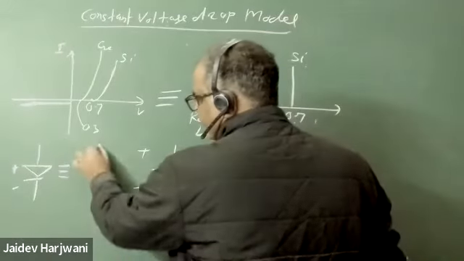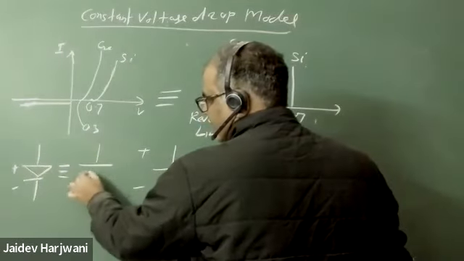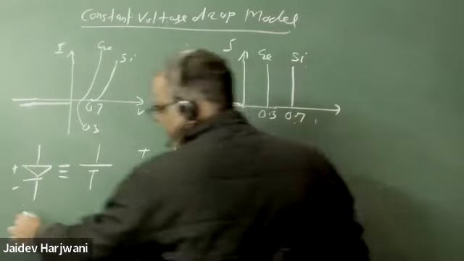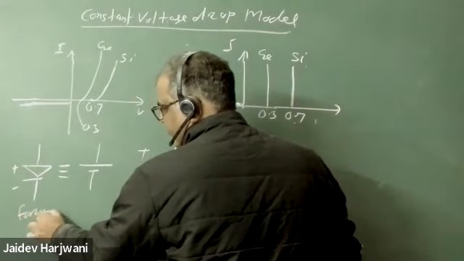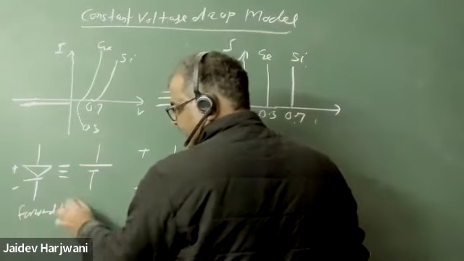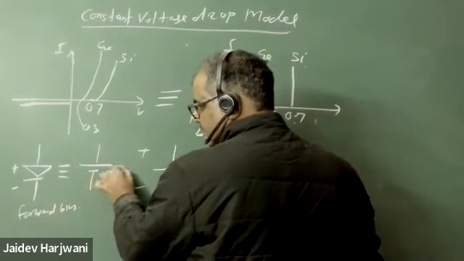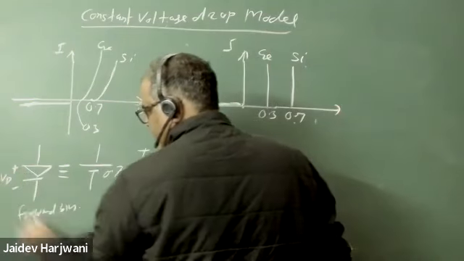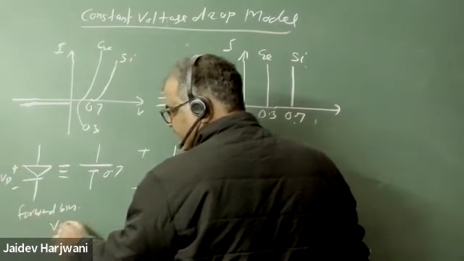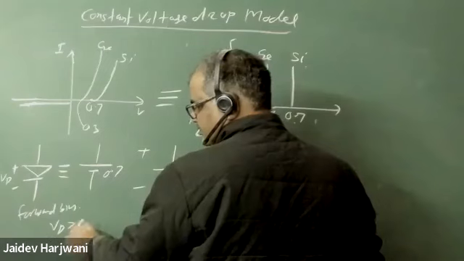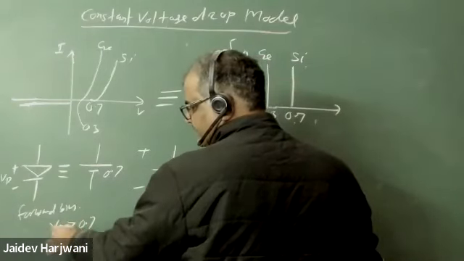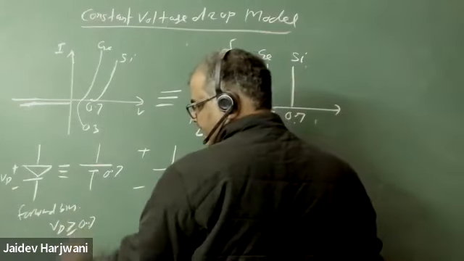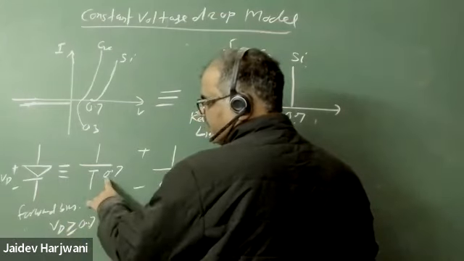Okay, so in that case you can replace your diode by a battery in forward bias, but the condition is that VD across the diode should be greater than 0.7. If it is greater than 0.7, then only you can replace it by a battery.